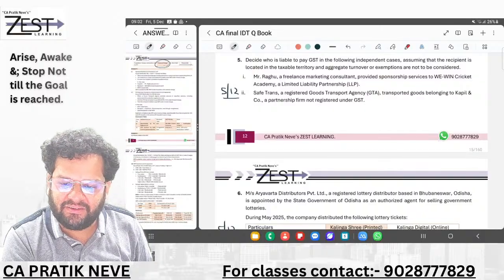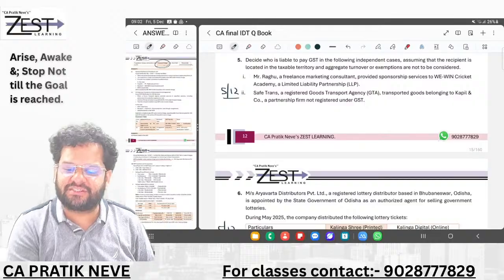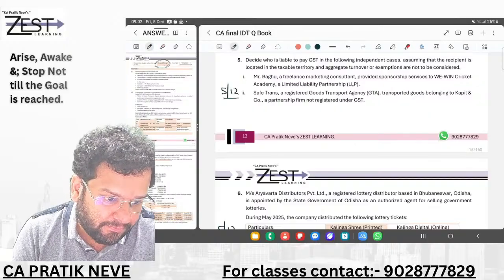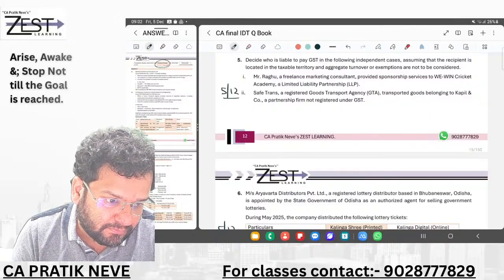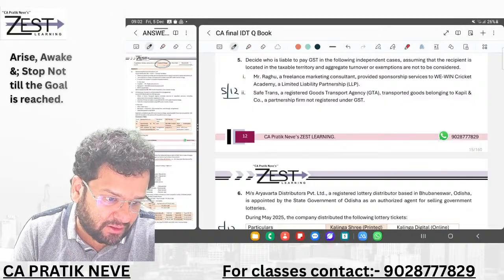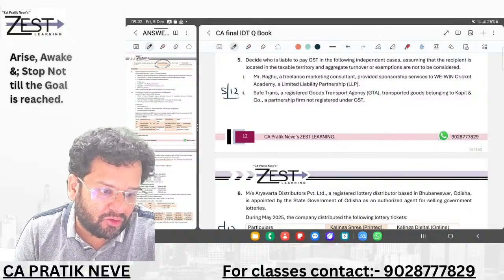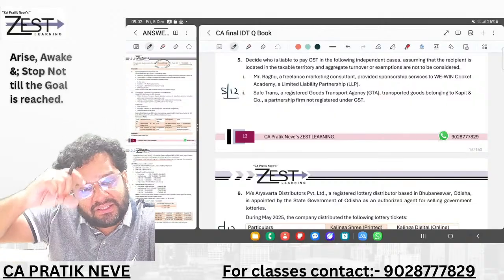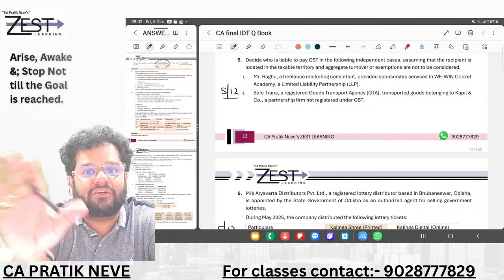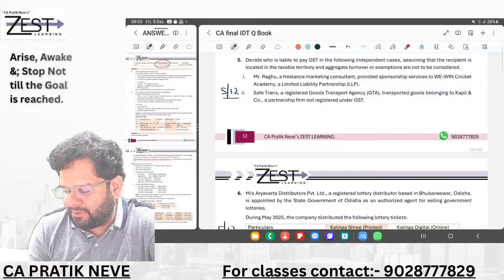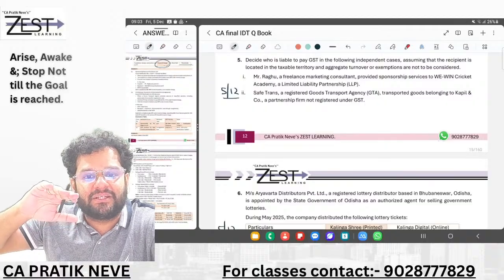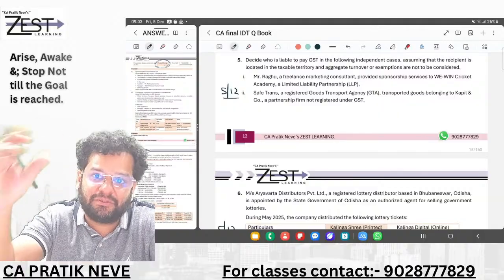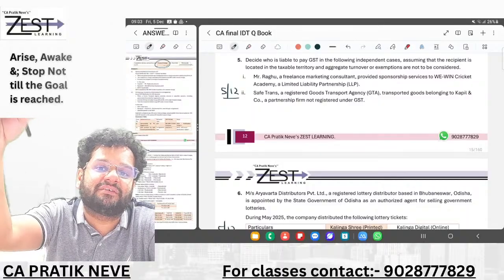Wonderful. It is not necessary that the author should take registration. I'll tell you honestly. Why? Because if the author is supplying only this one service where the tax is payable on RCM basis, then it is the compulsory liability of the recipient of supply to pay GST. Then the recipient of supply should take registration compulsorily and pay GST.